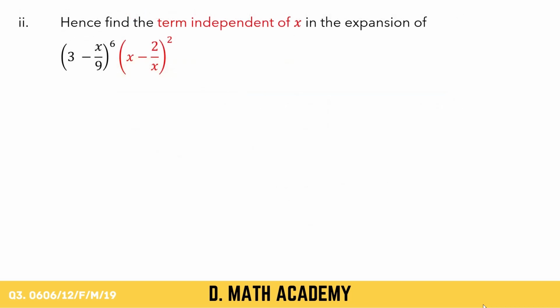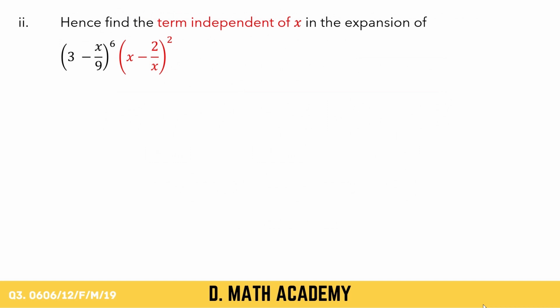So find the term independent of x in expansion of... So as you can see, there was another bracket with square being introduced here. Okay, we already find the first three terms of the variables at the front that goes by 3 minus x over 9 to the power of 6.